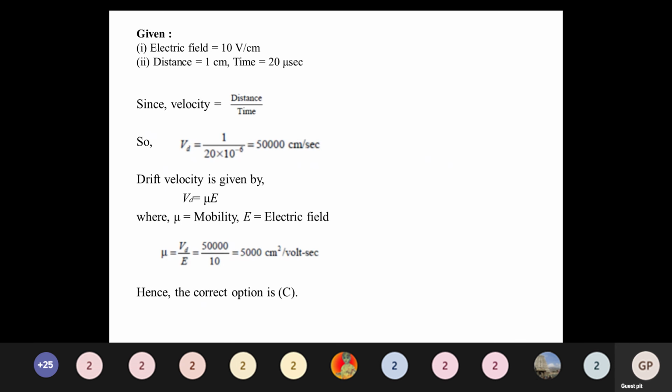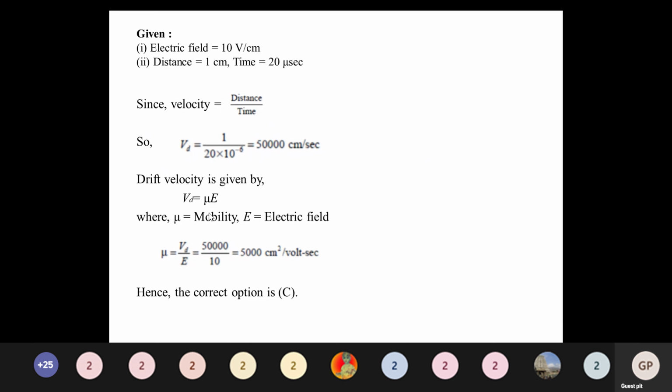Distance is equal to 1 centimeter, and the answer also we are going to consider in terms of centimeter. So 1 alone we are writing, divided by the time period, 20 microseconds, so 20 into 10 to the power minus 6 seconds. Answer is equal to 50,000 centimeter per second. So Vd equal to mu into electric field.